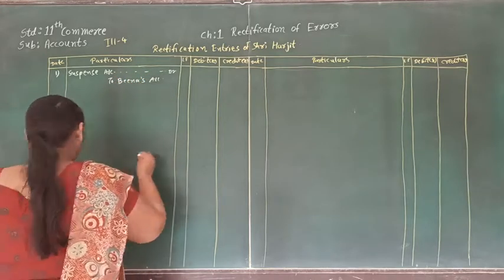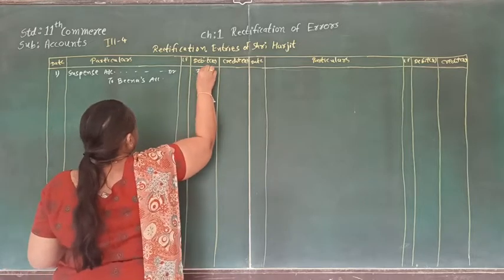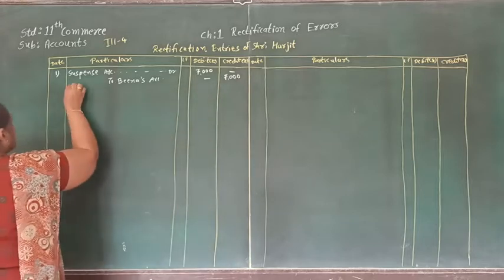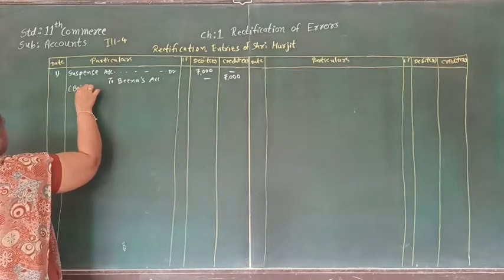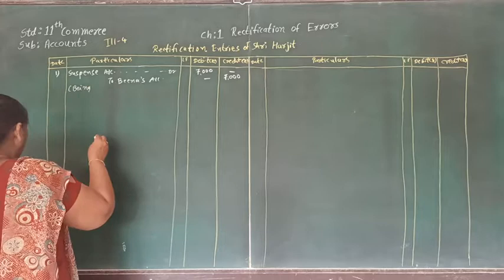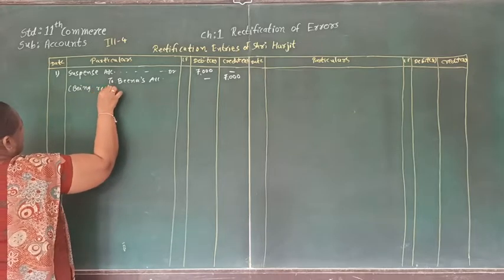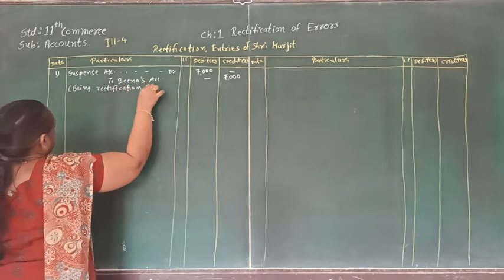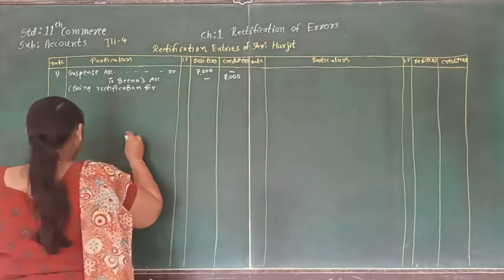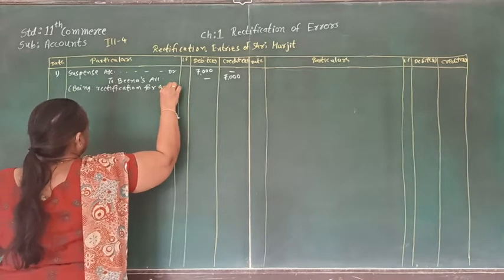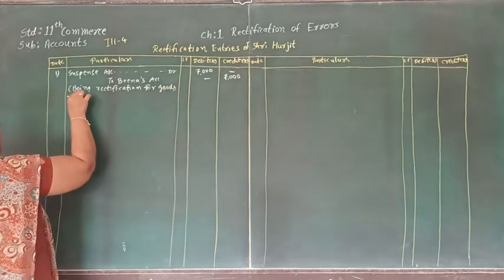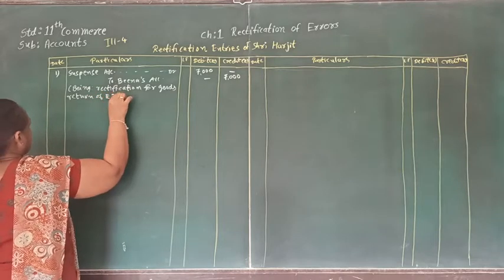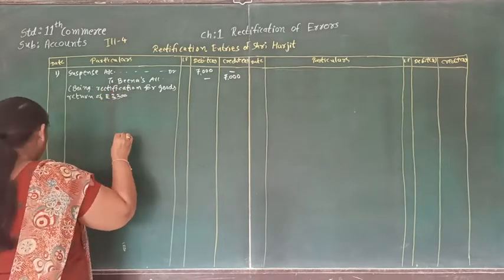So here we can see that the amount will be 7000, being rectification for goods return of rupees 3500 wrongly posted.